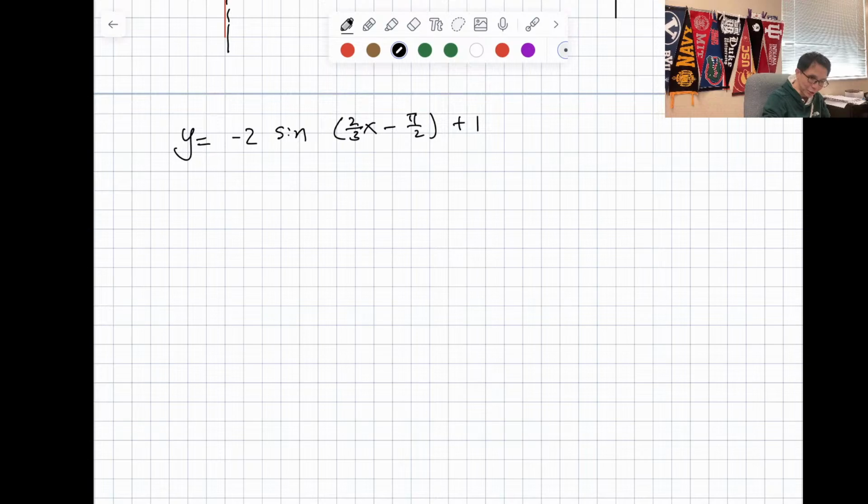Somehow I need to change it to this form: y equal to a sine of b times (x minus c) plus d.